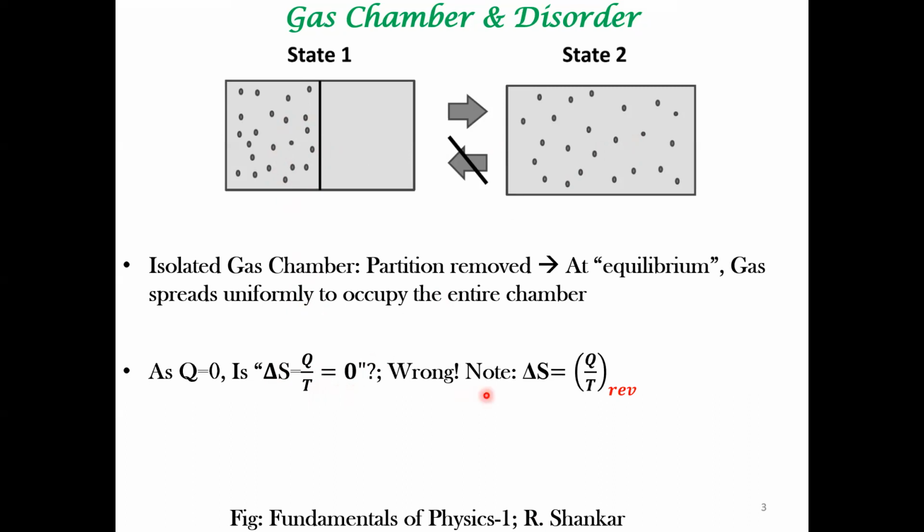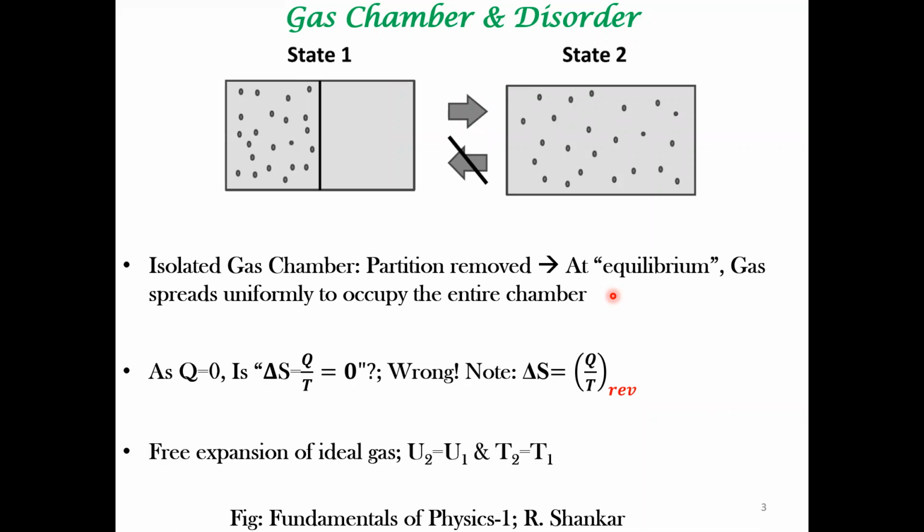It's wrong because our computational procedure for getting changes in entropy is applicable only for a reversible process. We have to identify a reversible process which will help us compute entropy. So to compute entropy from what you've learned from classical thermodynamics, we have to identify an equivalent reversible path.